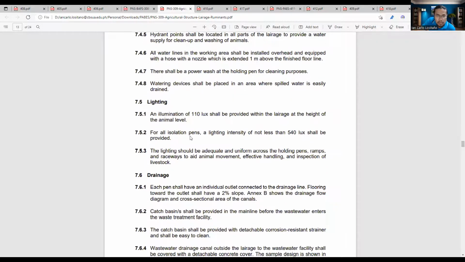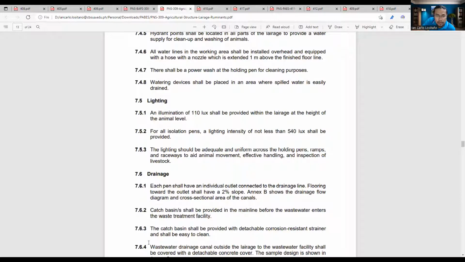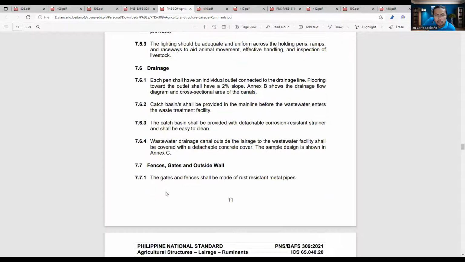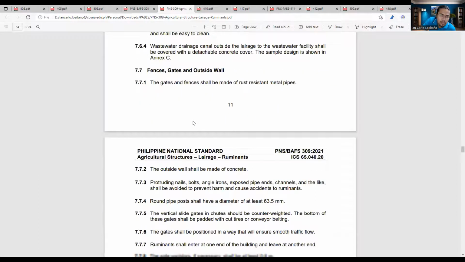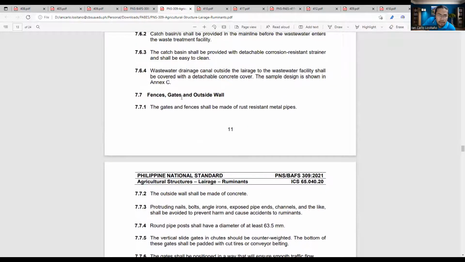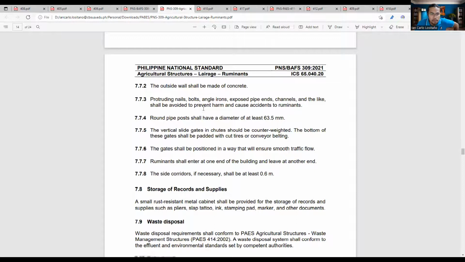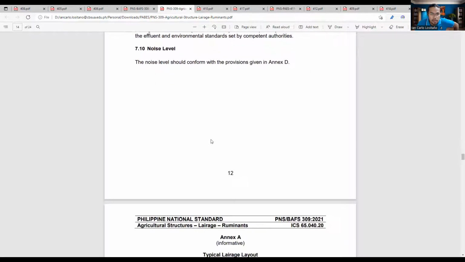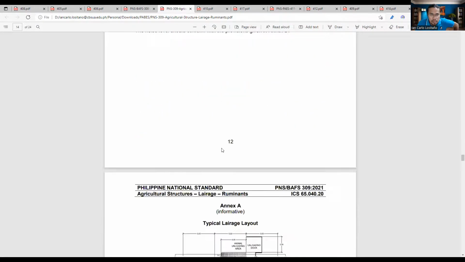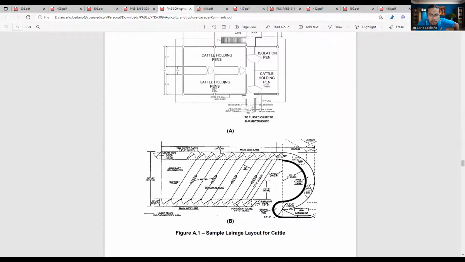Lighting, same, 110 lux and 540 lux for isolation pens, and then you have your drainage, similar as well to the swine. Fences, gates, and outside wall, very much the same.